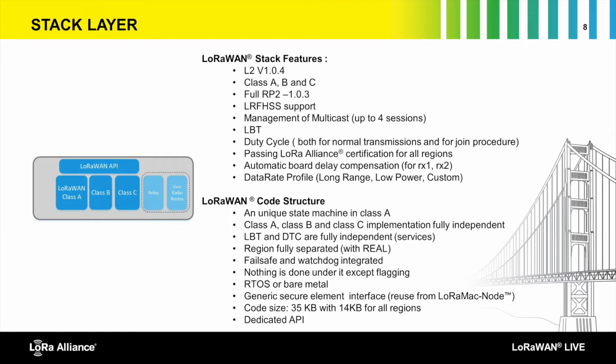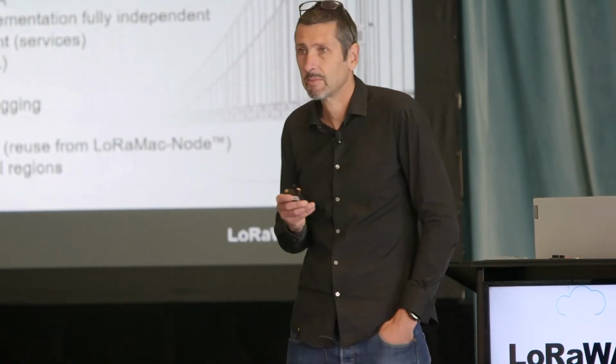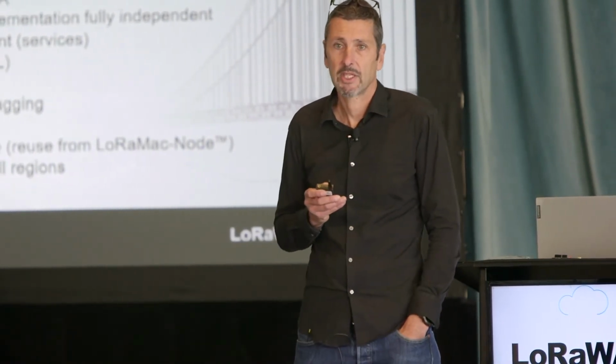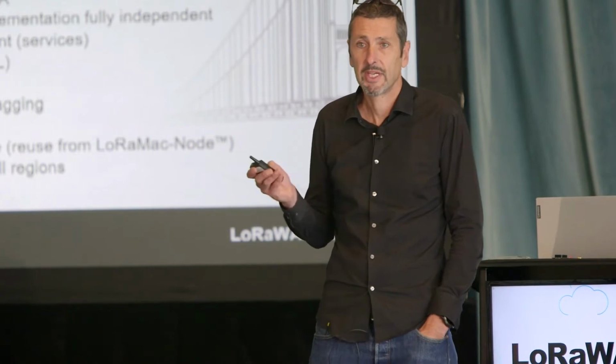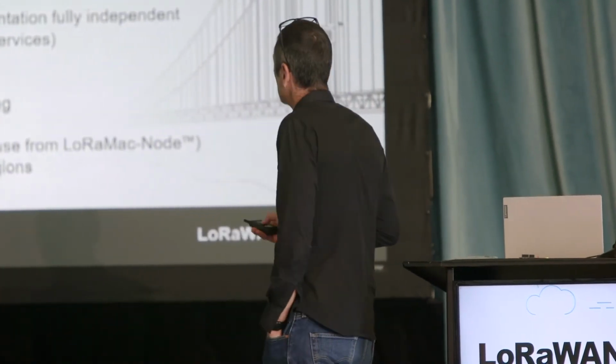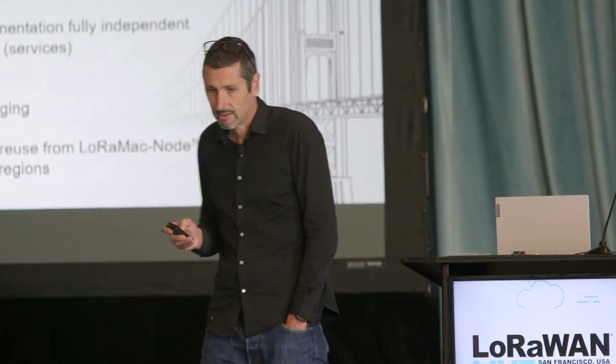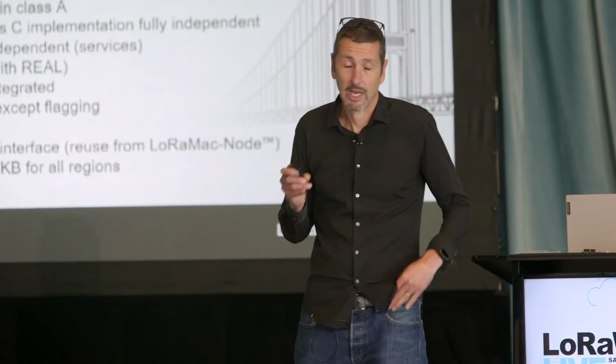Maybe I should have started with this: LoRa Basics Modem is free source code, available without licenses. But each time we deliver a LoRa Basics Modem, we also pass the certification with LoRa Alliance certification, and we certify all the regions.